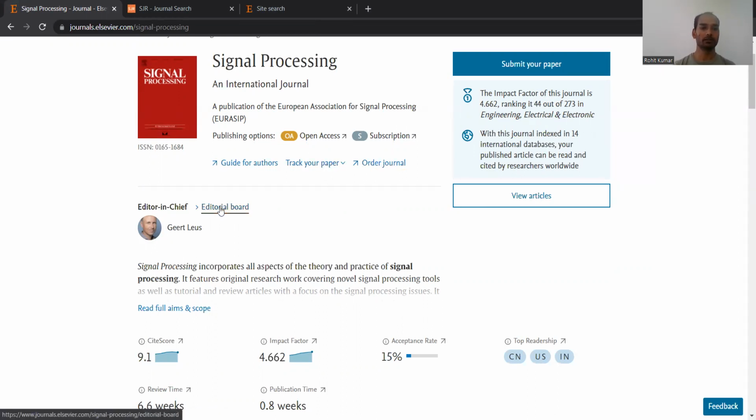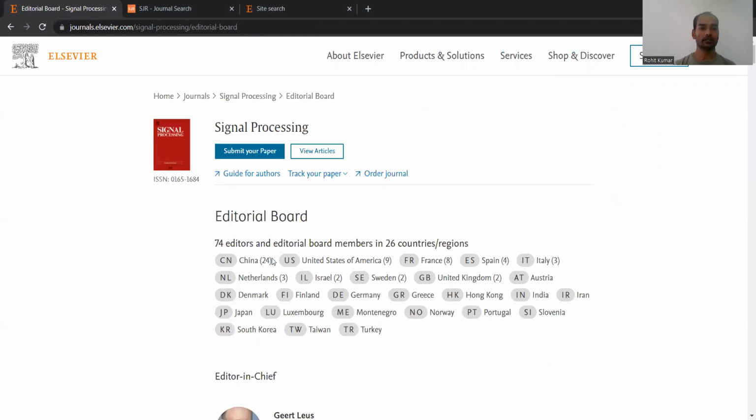Coming to the editorial board, you can see that most of the editorial board members come from China as of today. Then the United States of America 9, France 8, Spain 4, Italy 3. And if we look for India here, so here it is, I think a single one.